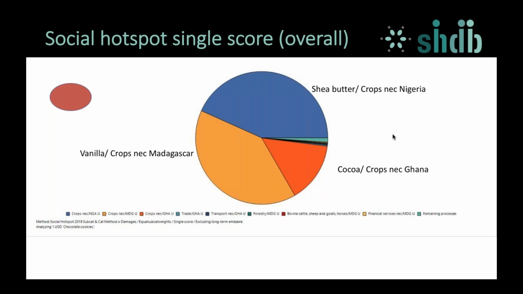If you look into that, then you can see that the different ingredients, which we discussed so far, are the biggest contributors. So those are not social footprint results, but social hotspot results. We can see that, in fact, from the shea butter supply chain, it's really the shea butter harvesting that is causing most of the impact, and the same for vanilla and cocoa.